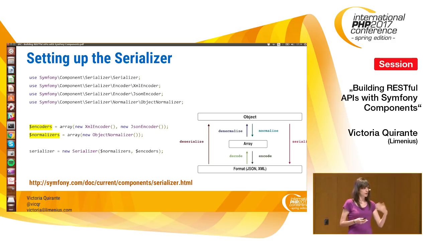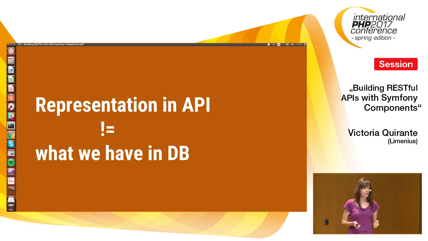So instead of going further with things that you can check there, what I really want to point out is why is this so helpful? The serializer is so helpful because when building an API, you really realize that the representations that you want to show are not the same thing that you have in your database, of course. For example, they are usually quite different.